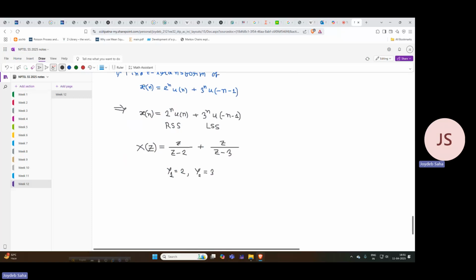Why? Because in one case it is mod z greater than 2, in the other mod z less than 3.